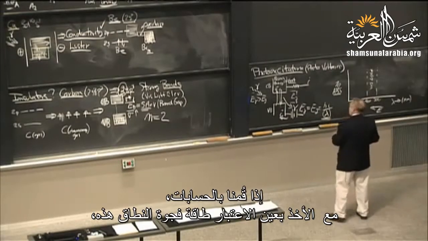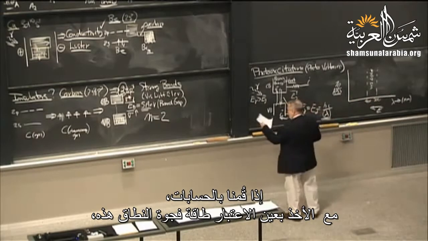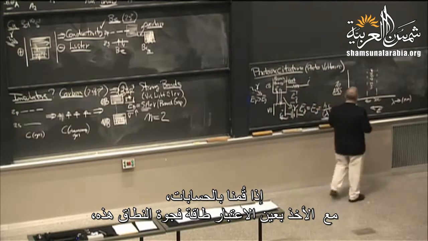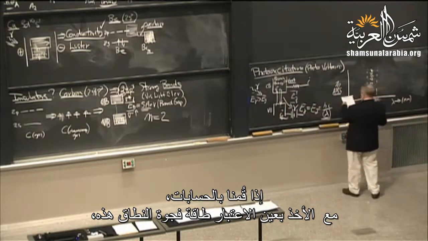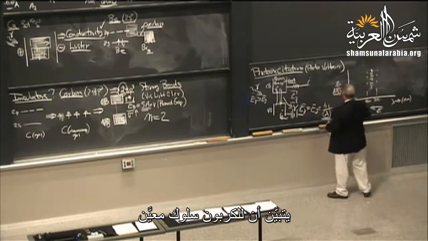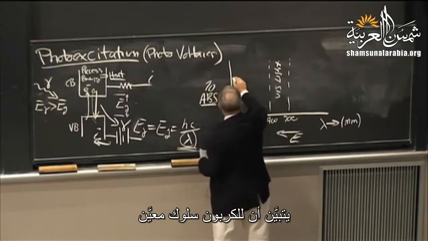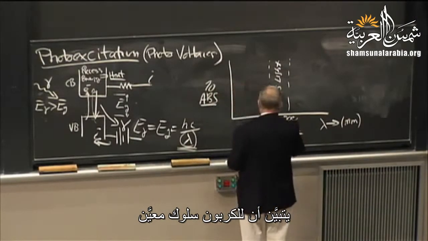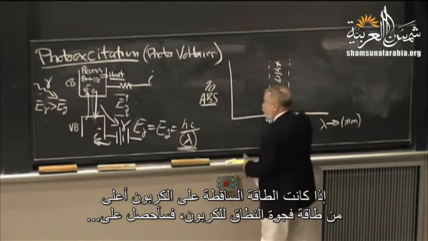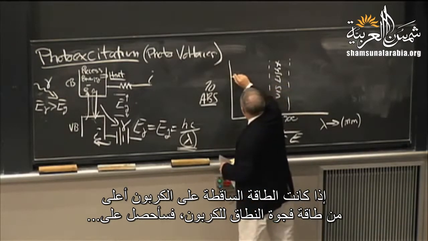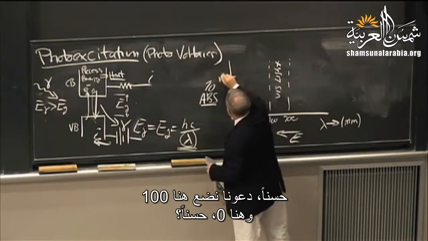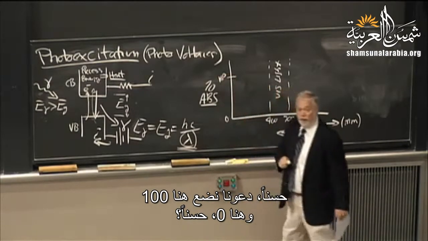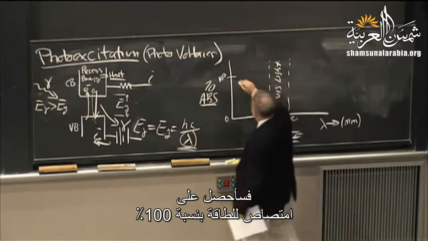Well, if you do the calculation, convert it, it turns out that for carbon, with this band gap, you end up with behavior where if the energy is above the band gap, I get 100, well, let's call this 100, that's 0, right? I get 100% absorption.